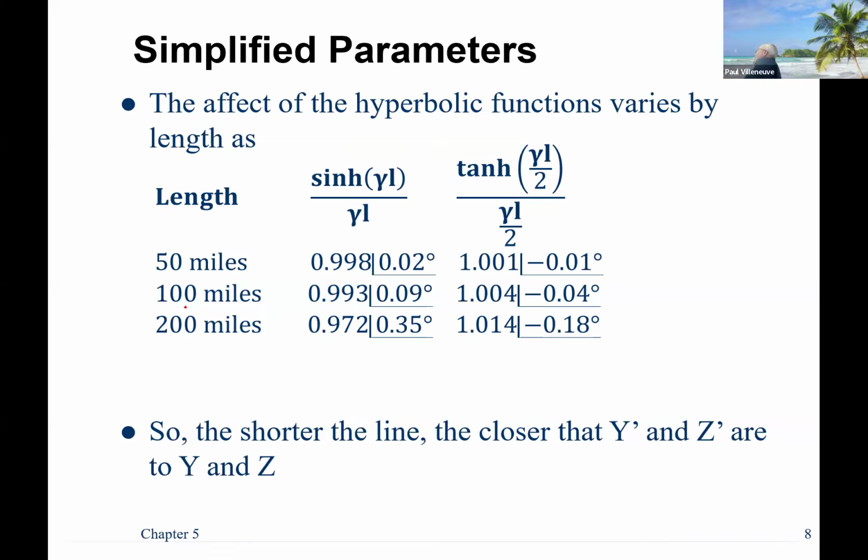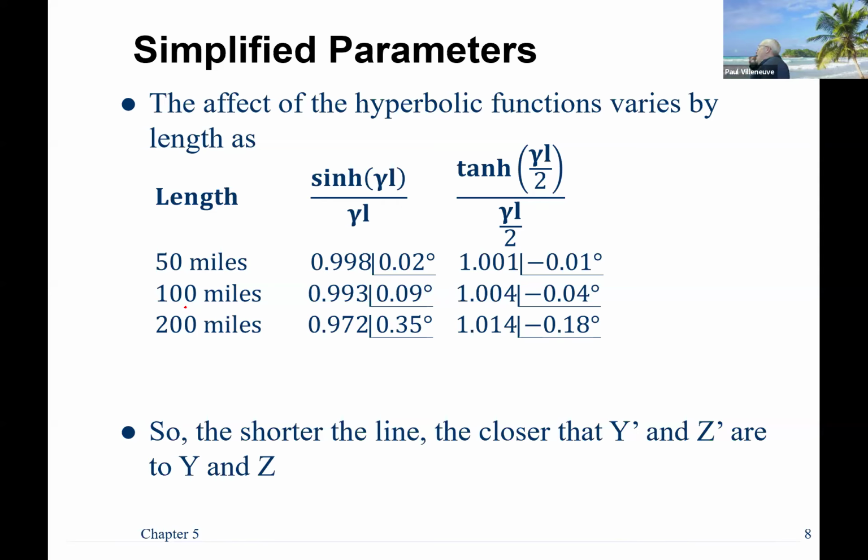And when I plug in anything less than 50 miles, I can see that my hyperbolic sine gamma L over gamma L is 1 at an angle of 0. 0.998 at 0.02. Let's call that 1 at an angle of 0. And the same thing for the tangent term. That looks close enough to me to be 1 at an angle of 0.